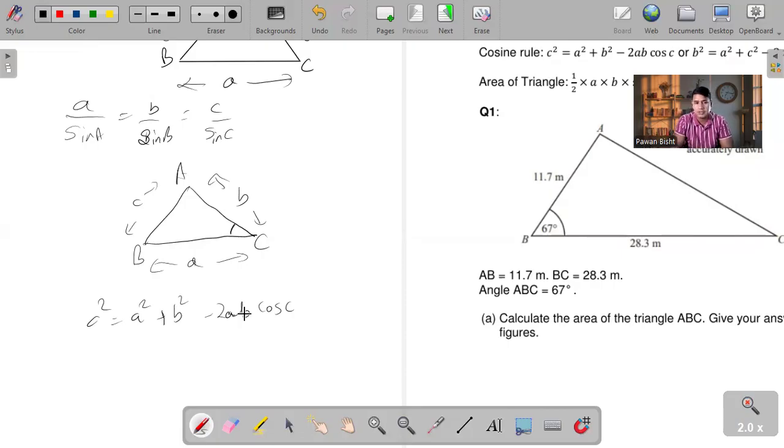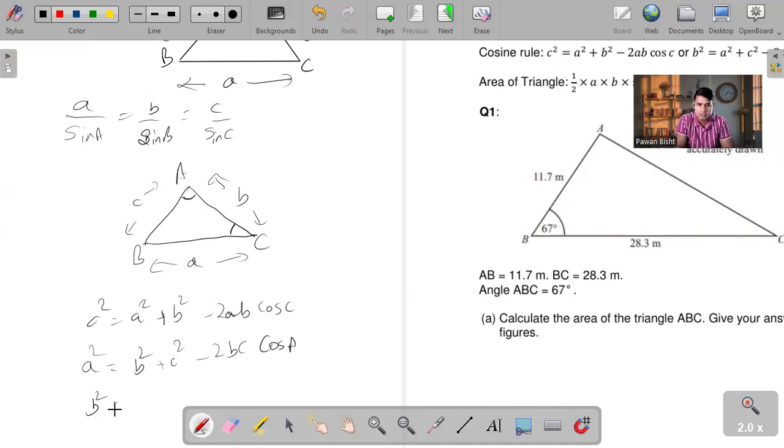But it's not always that you have to find c. Sometimes you have to find a or b as well. So if you have to find a, then you apply the formula a square equals b square plus c square minus 2bc cos A, where the angle opposite to a is involved. Or you have to find b also.